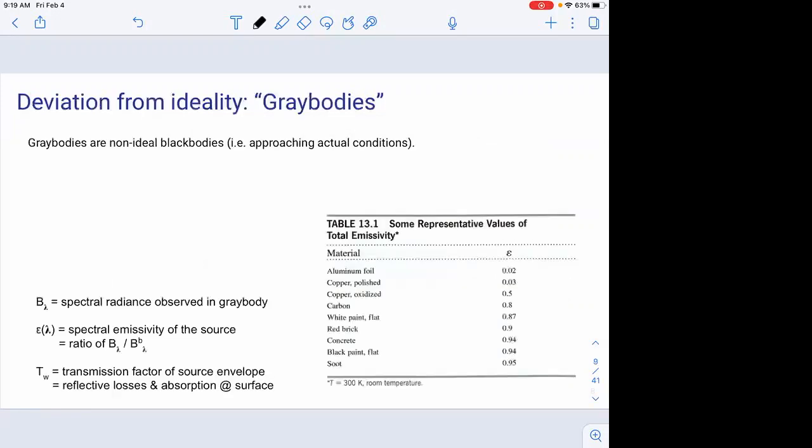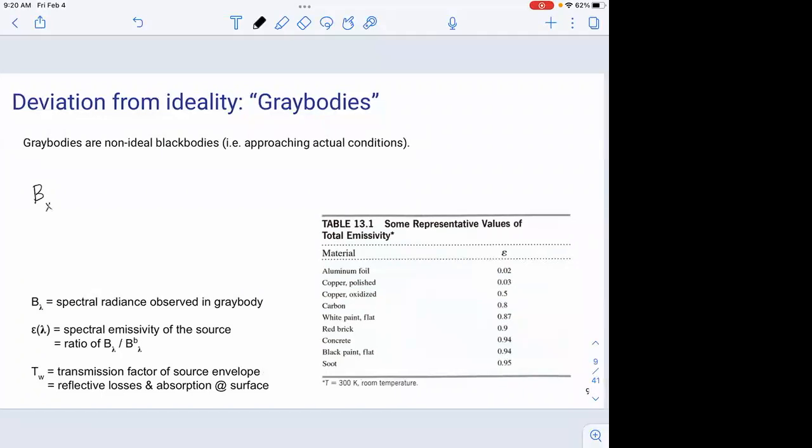So it turns out that it's pretty hard to have a complete black body in practice as a radiation source in an instrument. And so really what we're talking about using in instruments are gray bodies. So gray bodies are non-ideal black bodies that approach actual conditions of black bodies, but they're not quite perfect. And so the way that we can get at the spectral emittance of a gray body, so notice I don't have the superscript B, that's indicating that it's not a black body but a gray body.